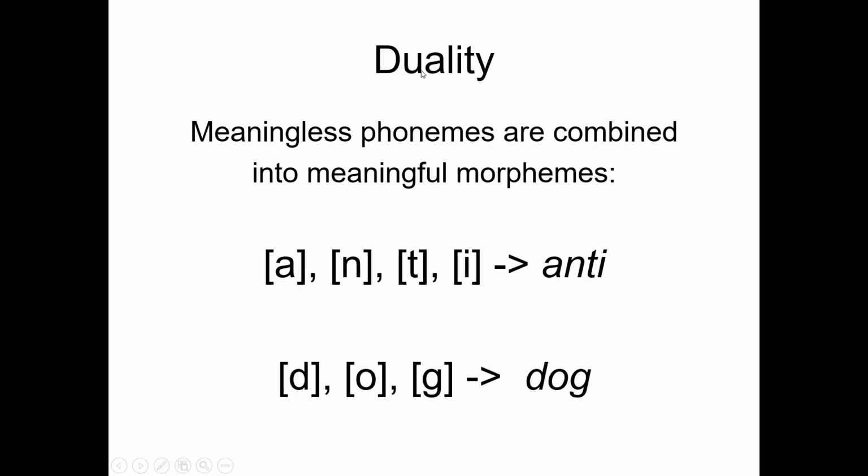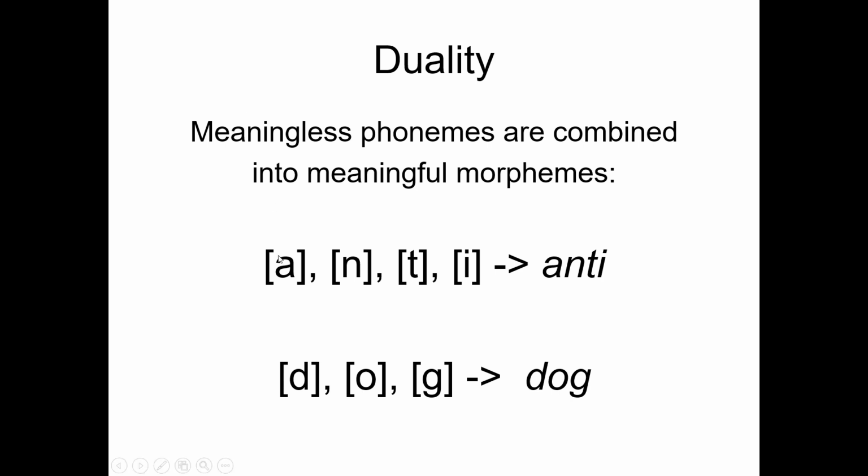And this is actually a revision of what we talked about previously. Duality is one of the properties of human language. It says that meaningless phonemes, well, I say meaningless, in this context it means that a phoneme, a sound, such as a consonant or vowel, usually doesn't have meaning assigned to it.